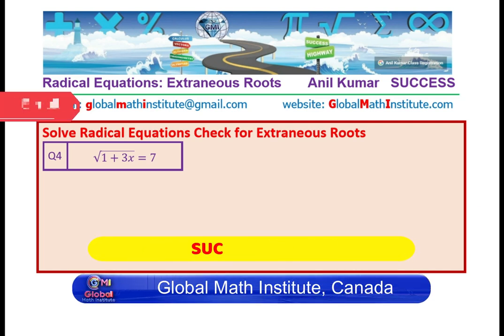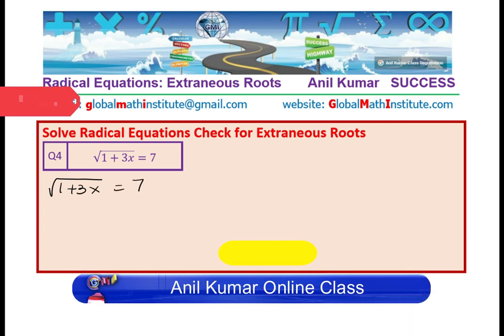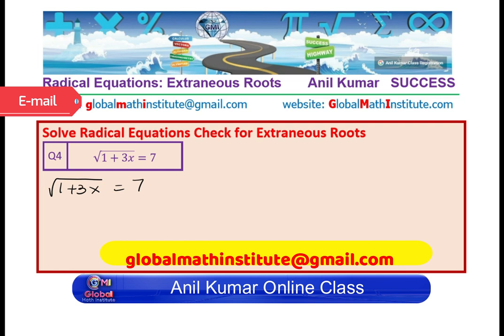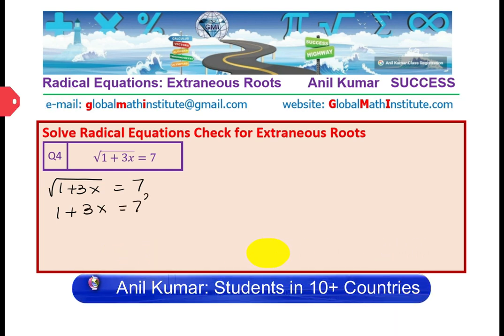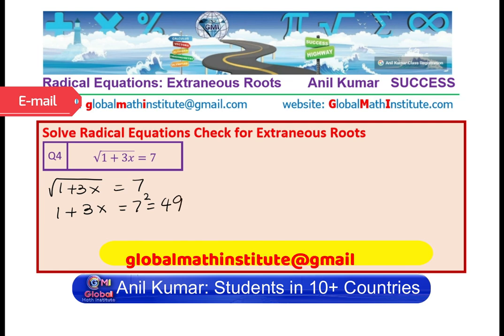This time we have a linear part within a radical sign. Square root of 1 plus 3x equals 7. Now, radicals on one side, numbers on the other, square both sides. If you square both sides, we get 1 plus 3x equals 7 squared, which is 49.